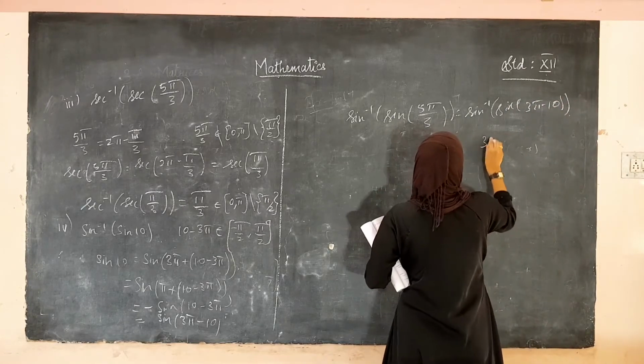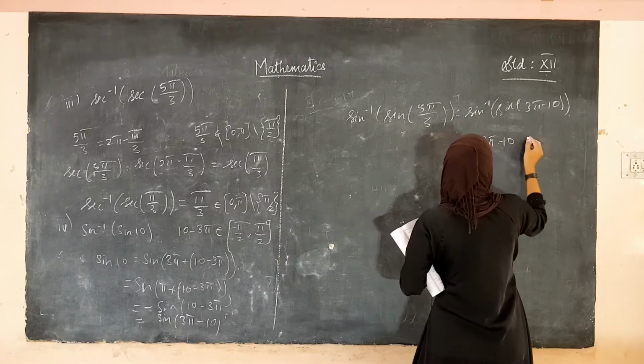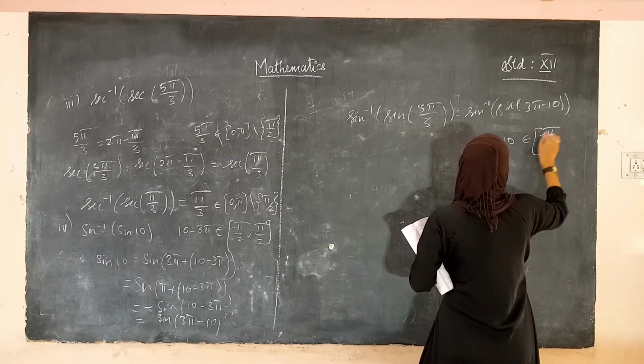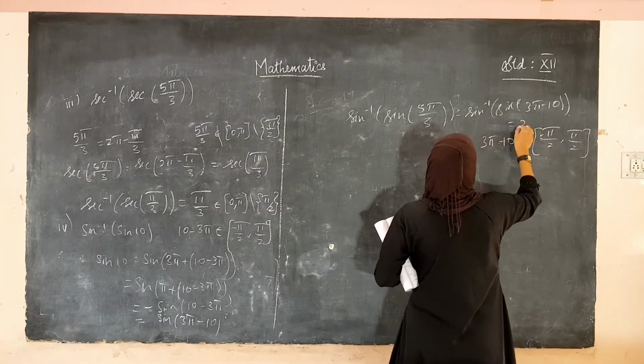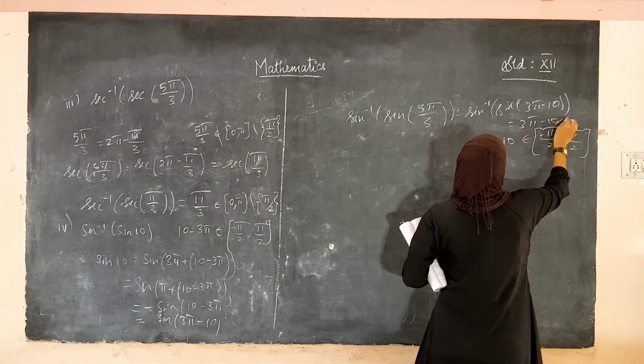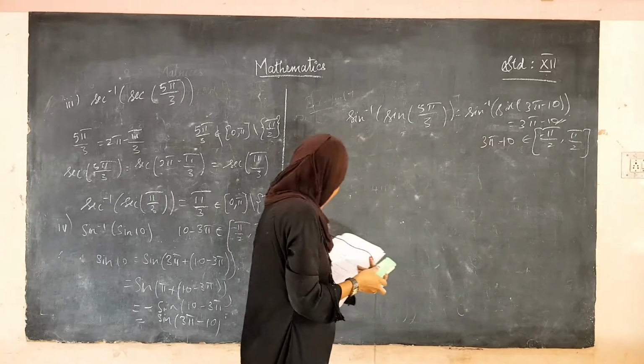We know that 3 pi minus 10 surely belongs to minus pi by 2 comma pi by 2. The value is 3 pi minus 10. This is the answer.